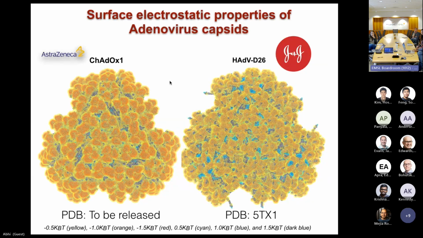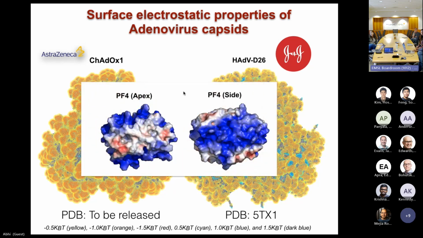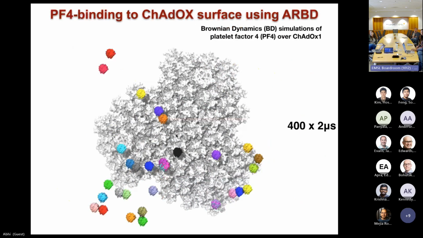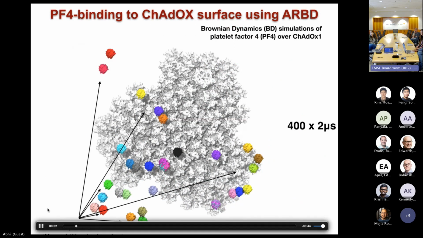We could see the electrostatic potential on the outer surface of this ChAdOx vaccine. We found that the AstraZeneca vaccine is actually more electronegative than the Johnson & Johnson vaccine. As a result, it ends up binding a particular cytokine called PF4, and this is the binding mechanism. The movie runs. Okay, accelerate the movie.